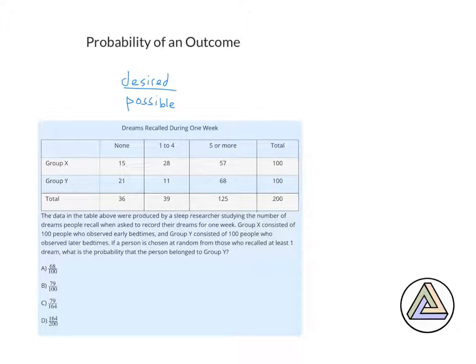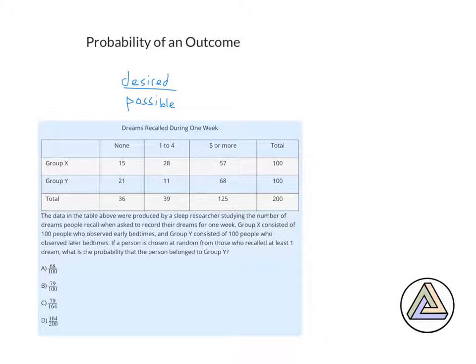The first thing to do is get clear on what's even being said, and you have your totals down below. Group X are the people who had early bedtimes, group Y had later bedtimes, and it's going to be really vital to get clear on what they're asking for.